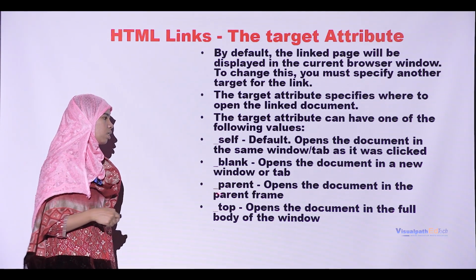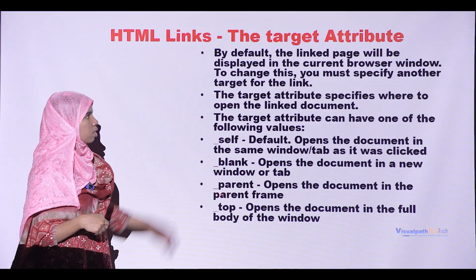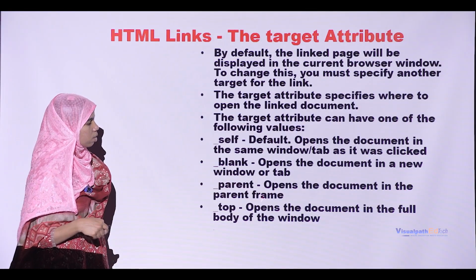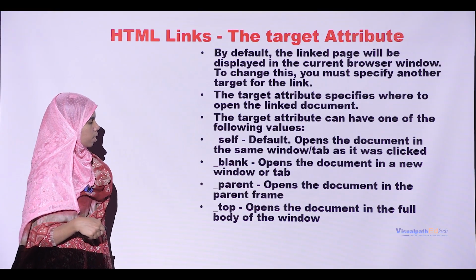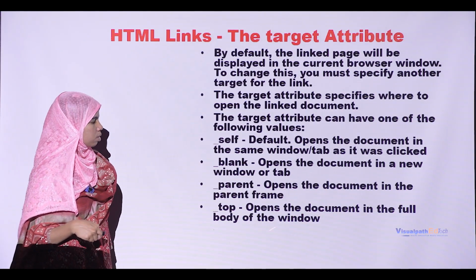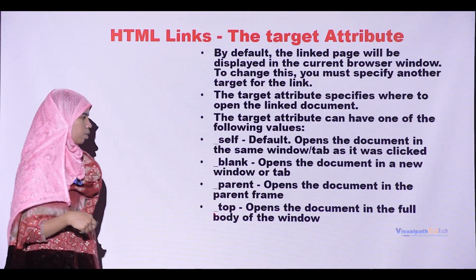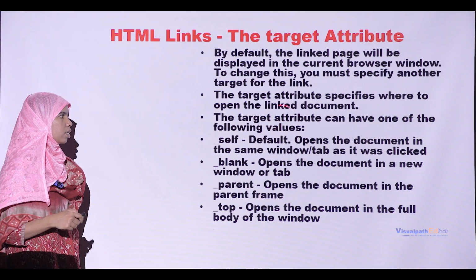If you give it as parent, then it will open in the frame of the parent, where the current window is. It will accept that as the parent window for opening it. Top means the document will open in the full body of the window. So these are the four values of this target attribute: self, blank, parent, and top.